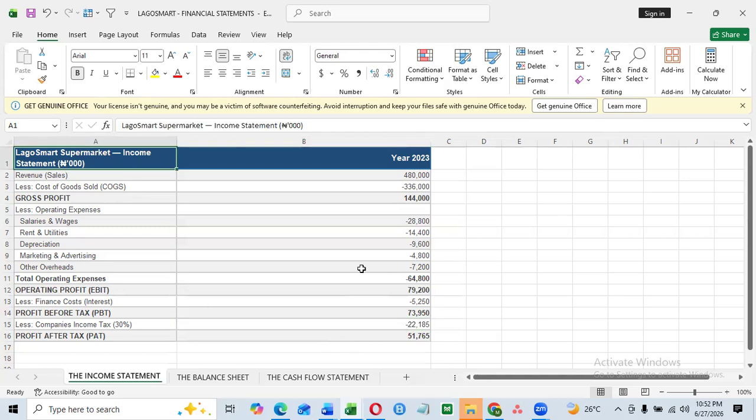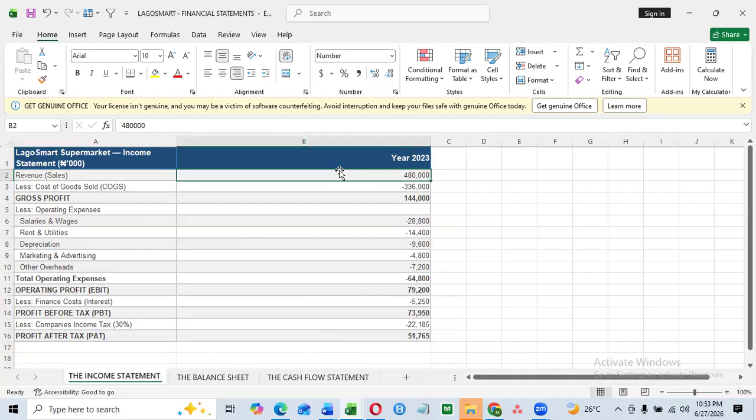Now, revenue, first of all here, I want to walk you through each line. Whenever you see revenue, revenue is the total money LagoSmart or any organization received. So for LagoSmart, this is the total money they receive from selling groceries and goods.